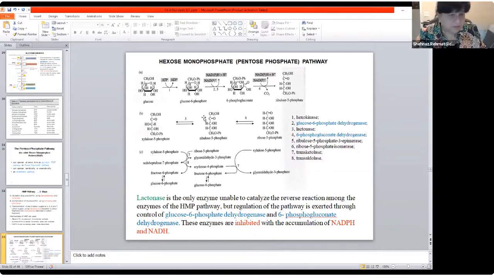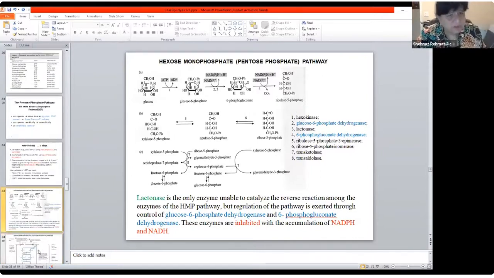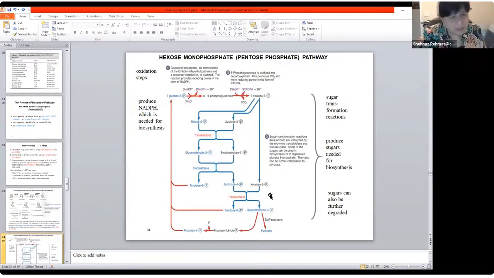Okay, so this pathway, if you look at it, what does it end up with? We'll come back to this last bit of it as to how it is regulated. So here is your pathway shown in a proper way. It's called the hexose monophosphate pathway, HMP, and you start with glucose 6-phosphate.